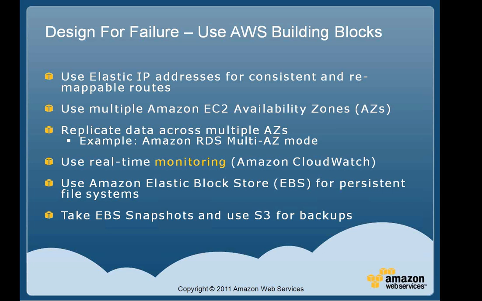So if there is a failure with any of the instances, you can take the Elastic IP address that is pointing to that instance and map it to a replacement instance. Now, that instance can either be running already, kind of like a hot standby, or it could be something that you bring up and within just a few minutes, the instance will be up and running, and at that point you could move the Elastic IP address to the new instance.